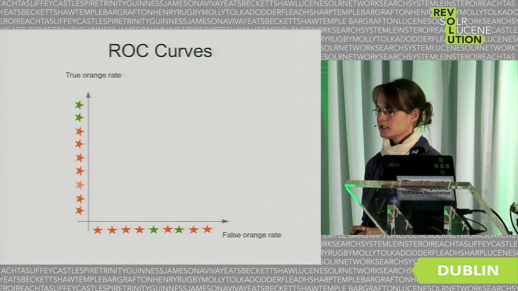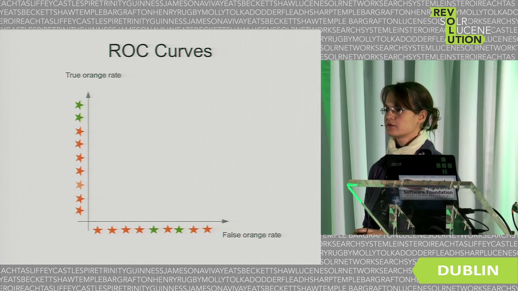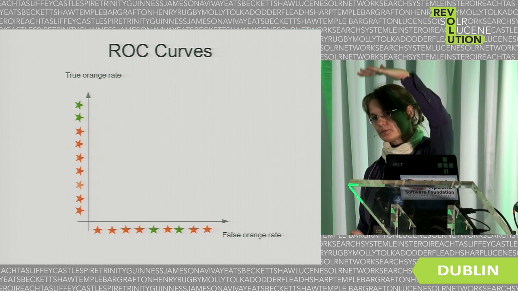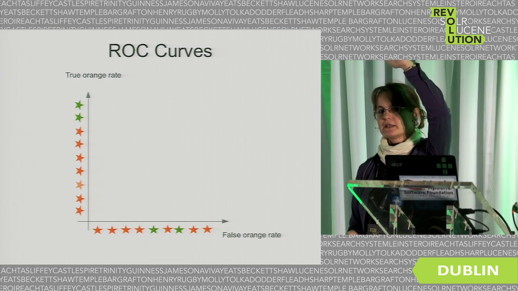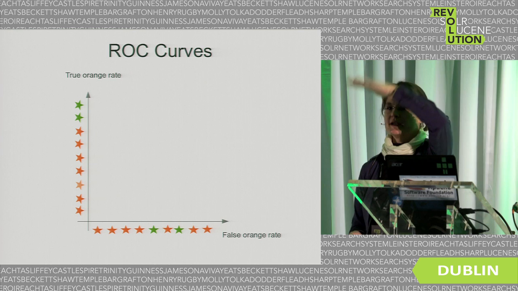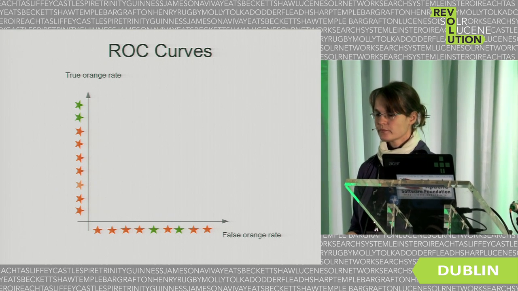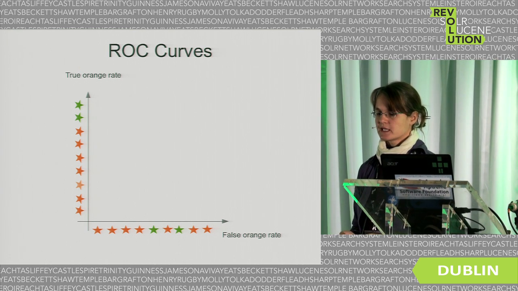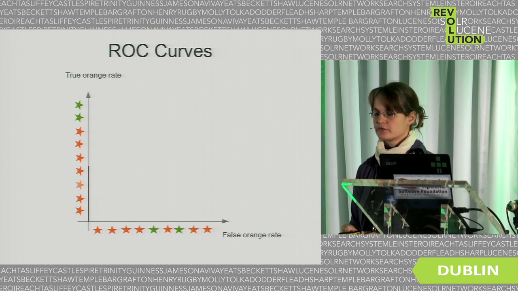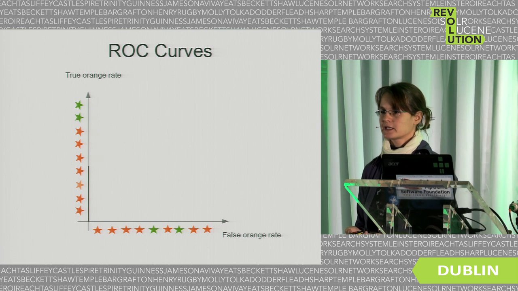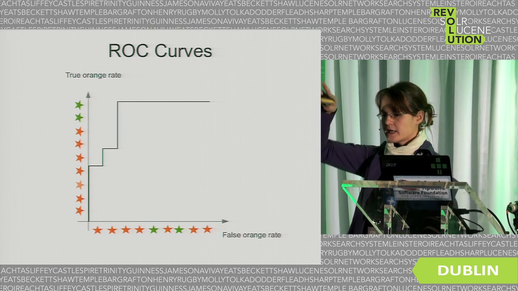Now, in an ideal world, you would want to have a classifier that is first all positive and then all negative examples, because there you can find a perfect threshold. In the real world, you will end up having probably something like that. It will first give you a few positive examples, maybe a negative one, positive again, and so on.